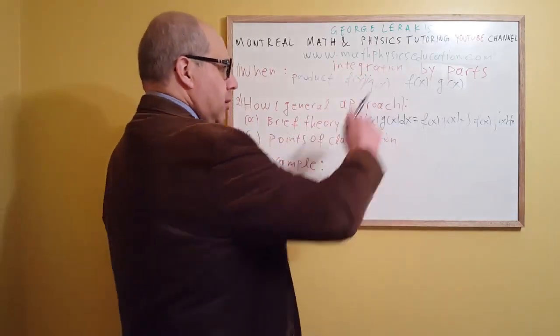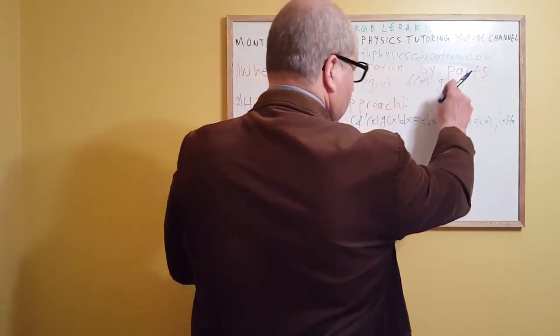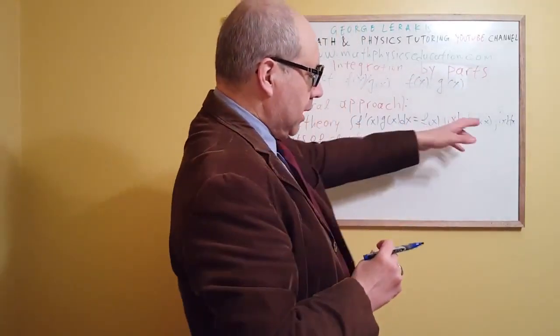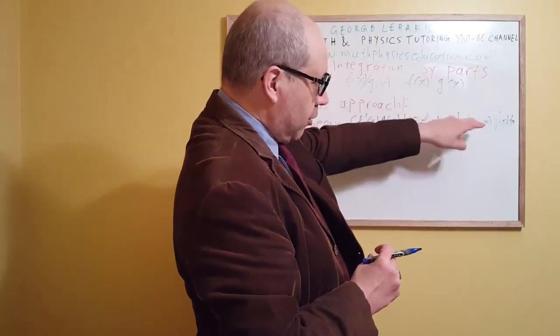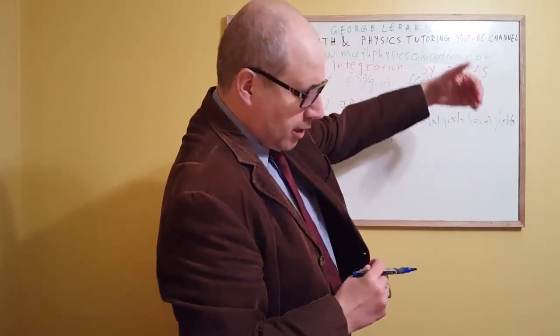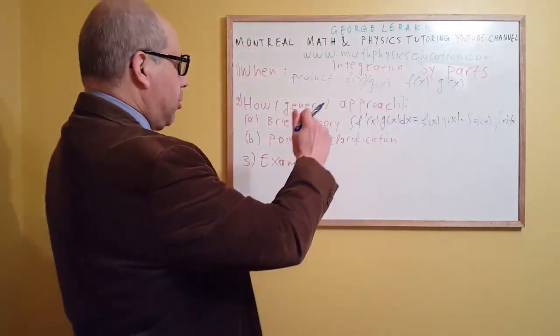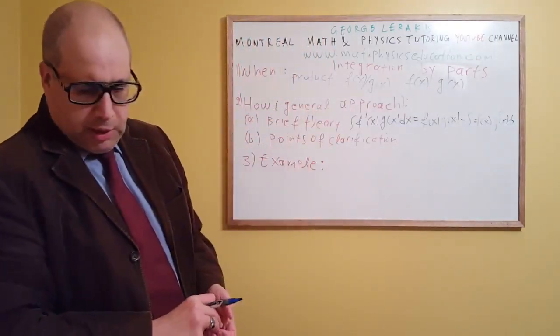And it doesn't matter what the order of these two functions is. That's what is important: that the derivative of the one times the other is something that you can calculate. So that's about the points of clarification.